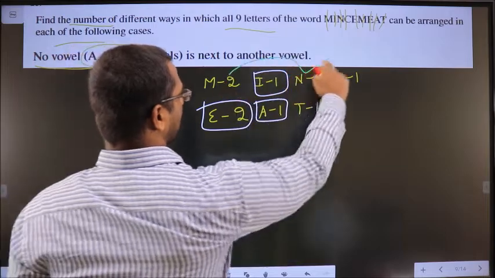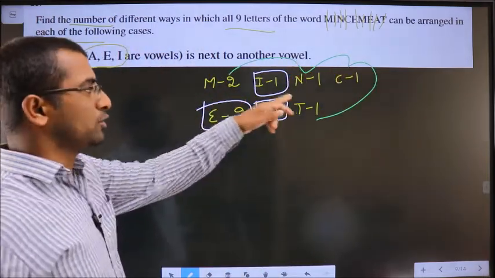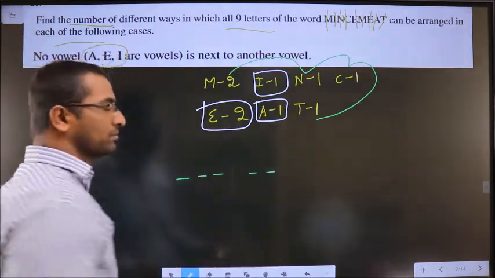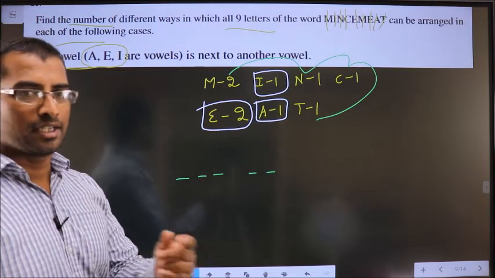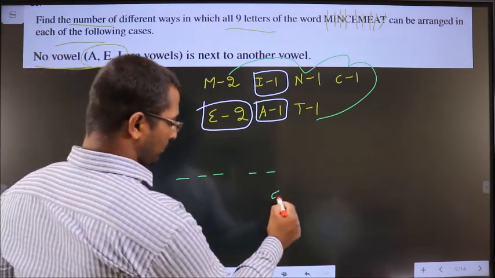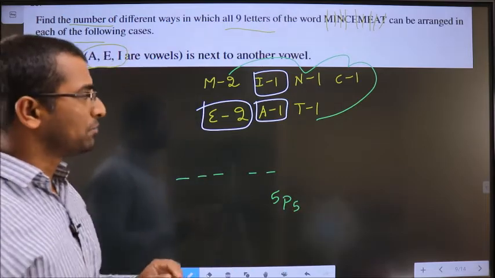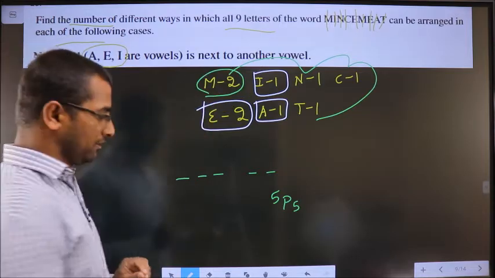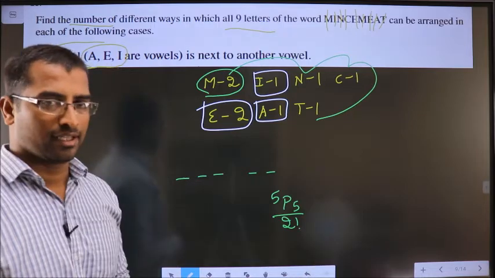Rest are M, N, C and T. How many of them are present? 2, 3, 4, 5. So put 5 blanks. 5 letters, 5 blanks can be arranged in 5P5 ways and more. These two M's are identical, so divide by 2 factorial.